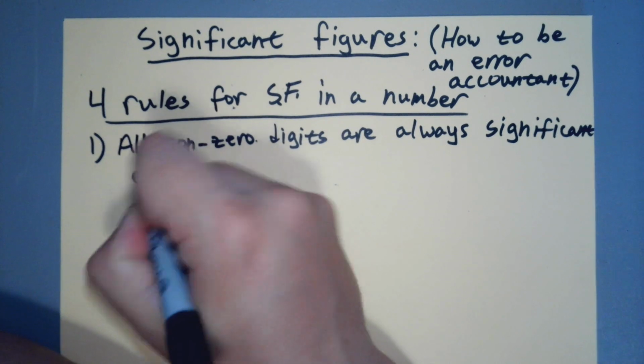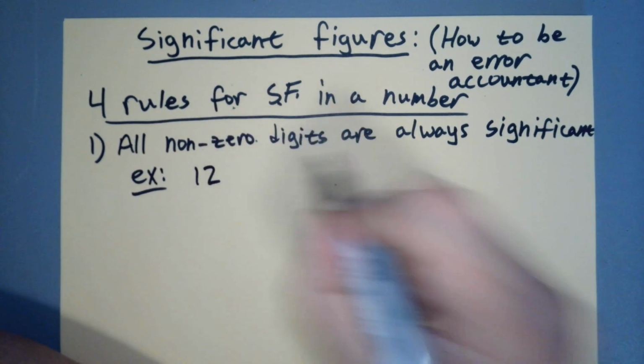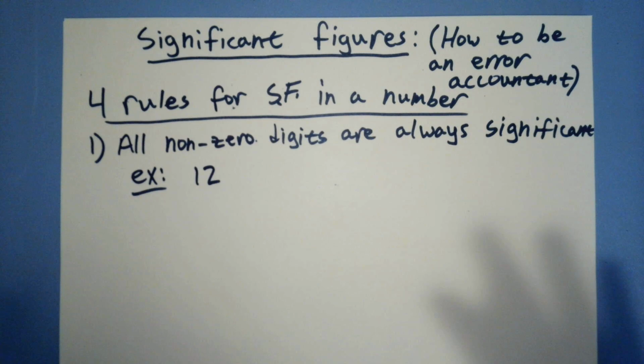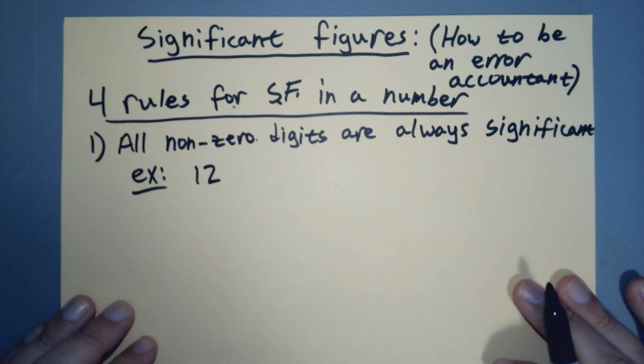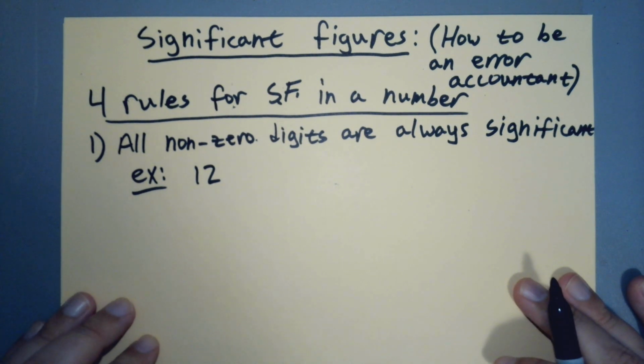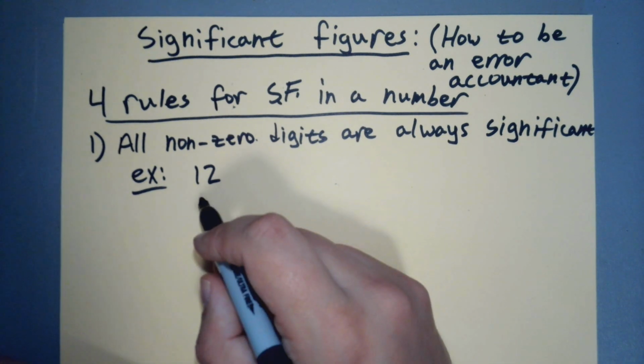Alright, so what does that mean? Well, if we look at something like the number 12, and I'm going to ask some very difficult questions here. It's unfortunate I don't have a class to answer them for me, so I'm basically just talking to myself about this. But, alright, let's look at the number 12.